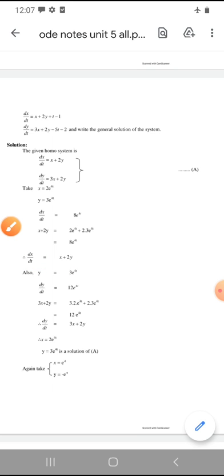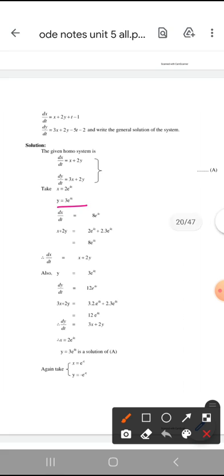Now we take y. y is equal to 3e^(4t). Now we differentiate y and we get 12e^(4t).